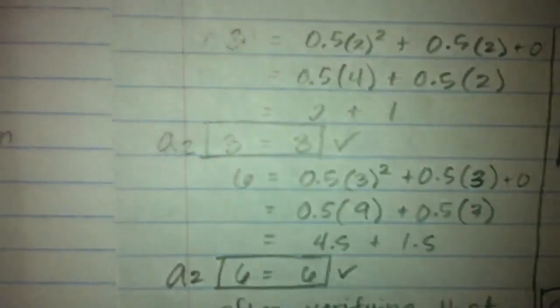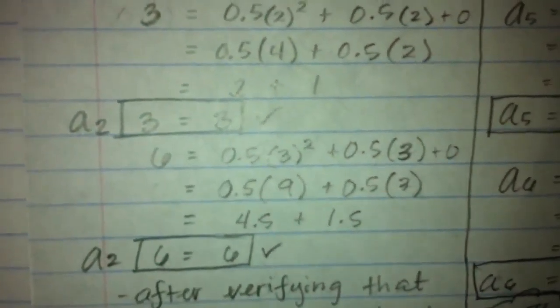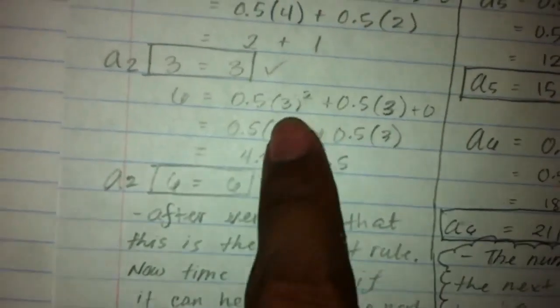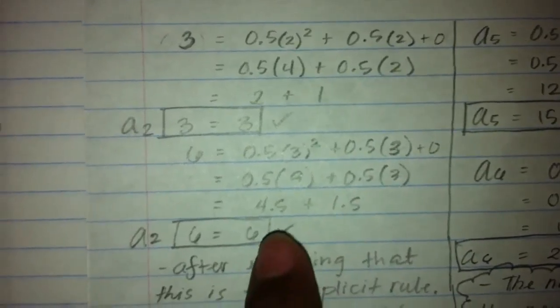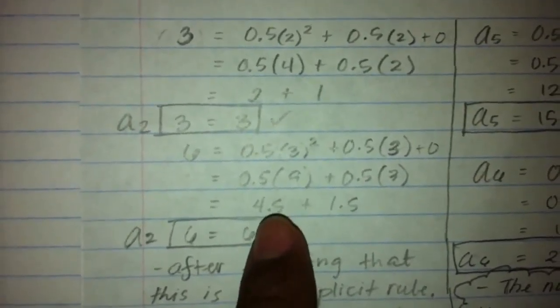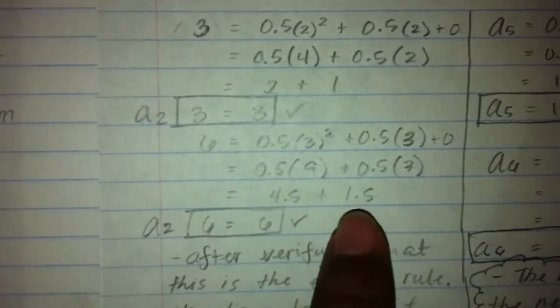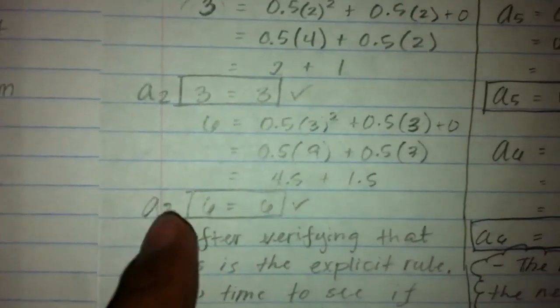Now when you substitute the third value, a3 equals 6, so you have your 6 and then your 3. From there you do the process. So you have 4.5 plus 1.5, which equals 6, making it a true statement.